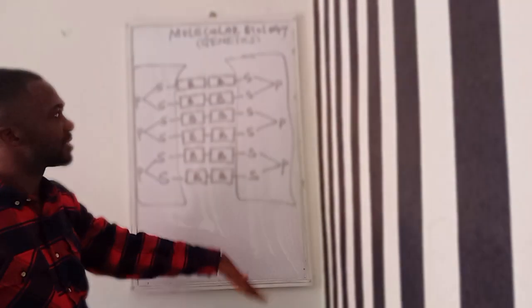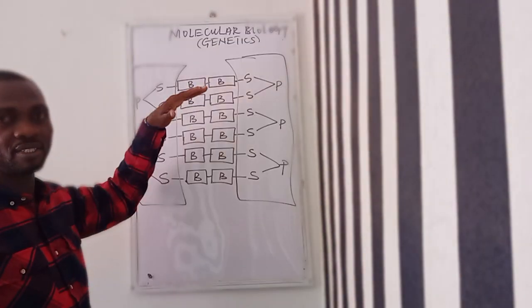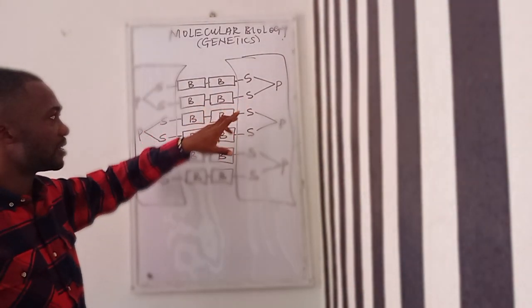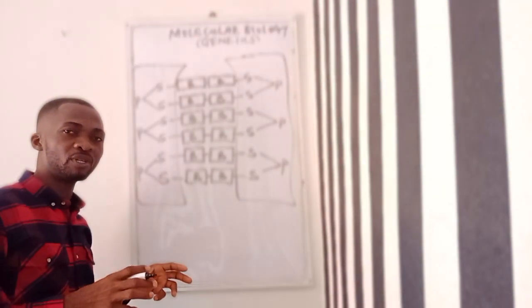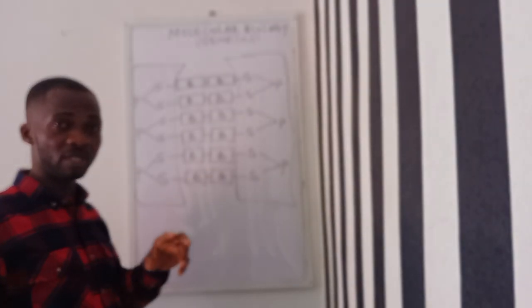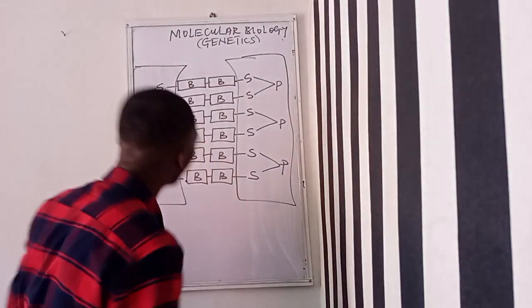Then at the strand, you will now see the components that make up the strands of the DNA, which is also what we call the backbone of the DNA. So the backbone of DNA is made up of the sugar and the phosphate molecule. These are the two that make up the backbone of DNA.